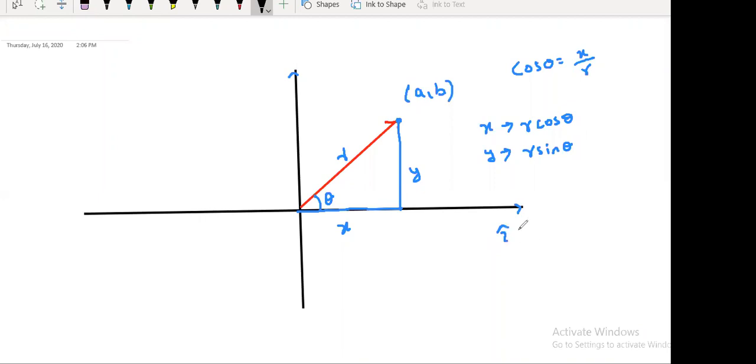For y we have j cap, and for z we will have k cap. Which means if I'm writing 2 i cap, what is the meaning of 2 i cap? Tell me.